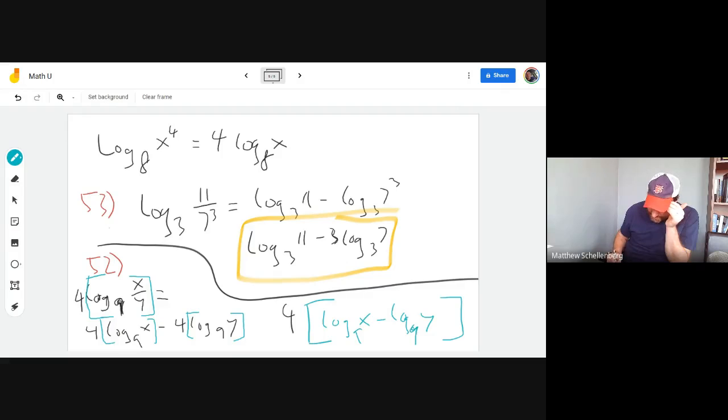And you can see that 4 needs to be distributed to each term within the bracket. That's why there's a 4 on one and 4 on the other, and it's not just left off, which I'm sure some of you would be tempted to do.